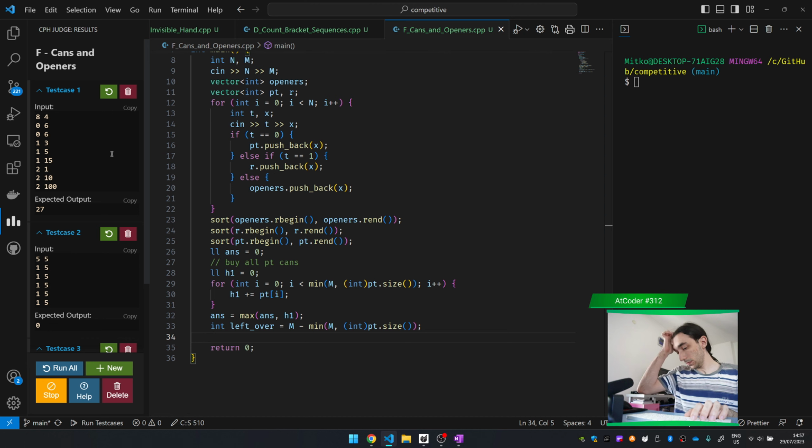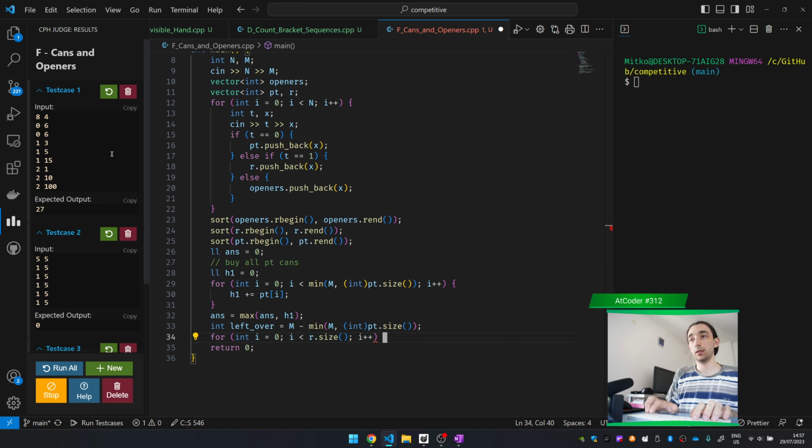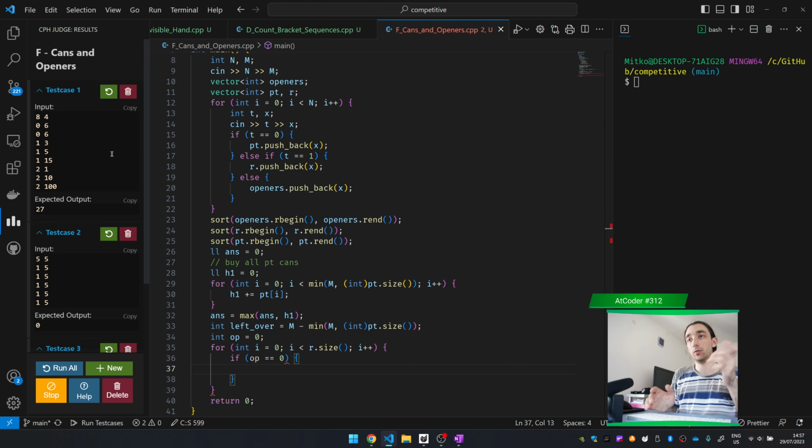So I need to go over the R dot size, and openers is going to be for 0. If openers is 0, I need to buy an opener, right?